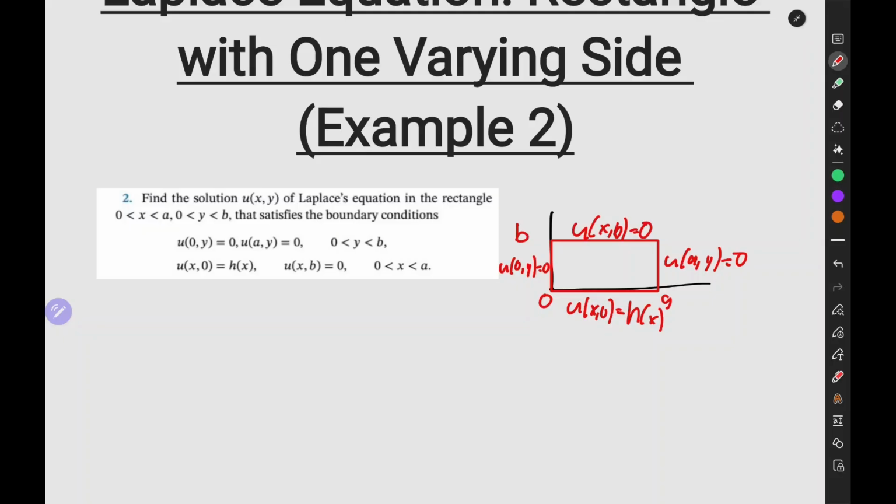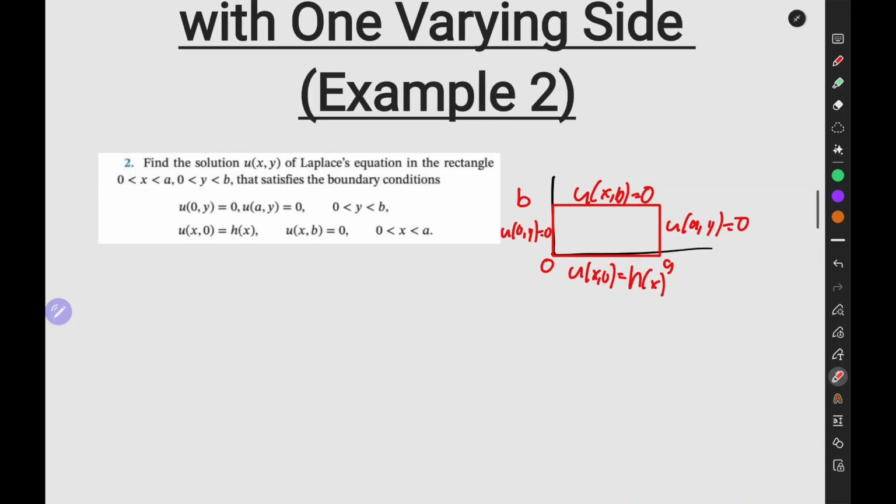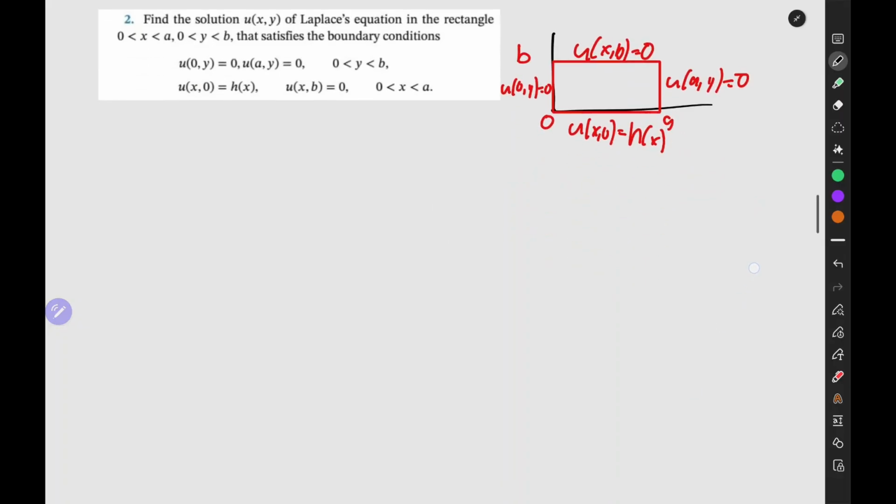So you can see it's the same exact problem, just this and this are flipped, and they're using h of x instead of g of x. That's the only difference. So you do end up with the same answer, it looks like. Just the method of getting there, you gotta do some really annoying stuff.